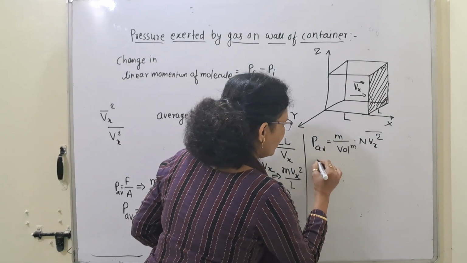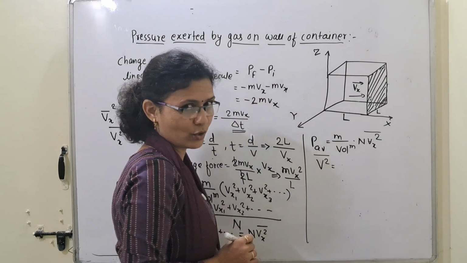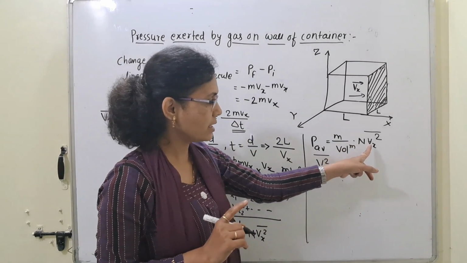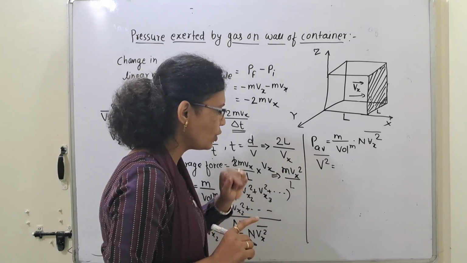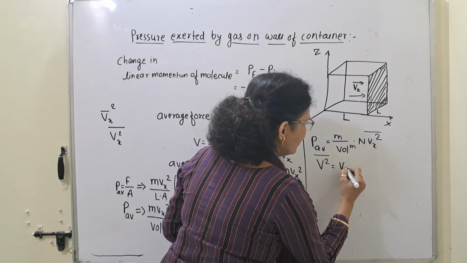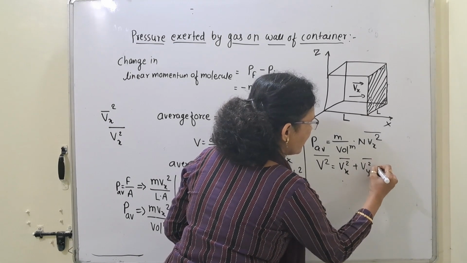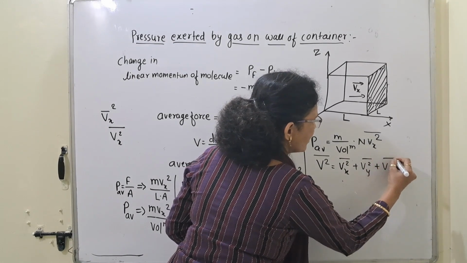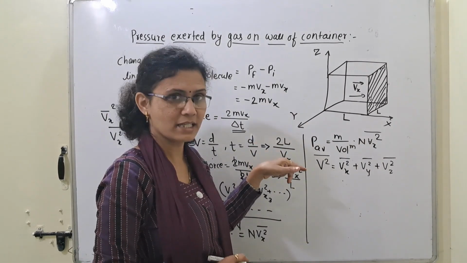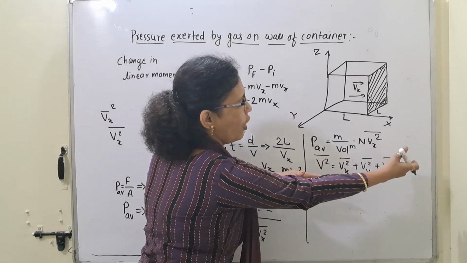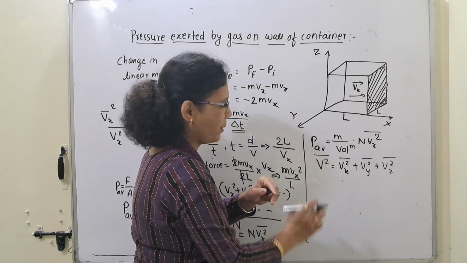So here, if I take the square of average velocity, this is only in the x direction, but I am taking all the directions. So what can I write? I can write Vx square bar plus Vy square bar plus Vz square bar. Yes, if I consider x, y and z axes, the resultant of all those vectors will be V square bar.